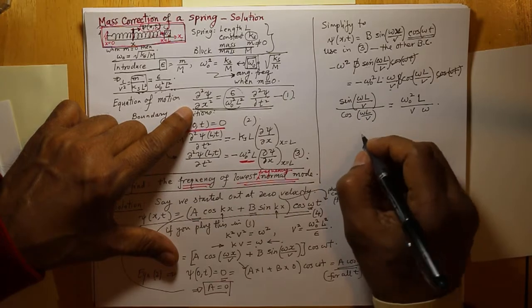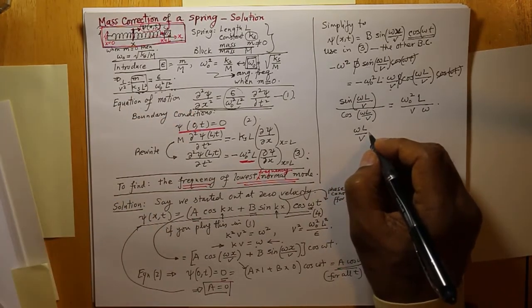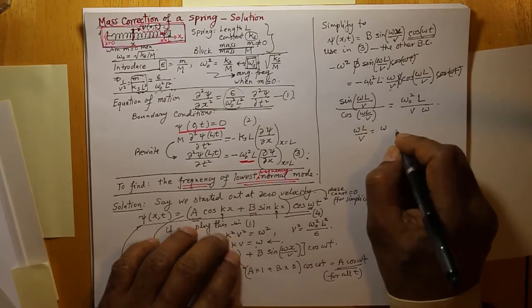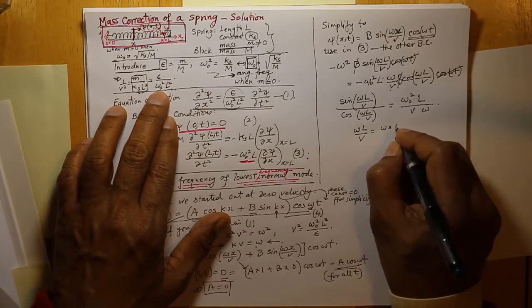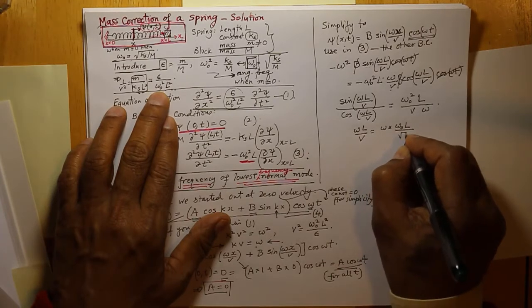Omega L over v is equal to omega, and the v was omega naught L over square root of epsilon.